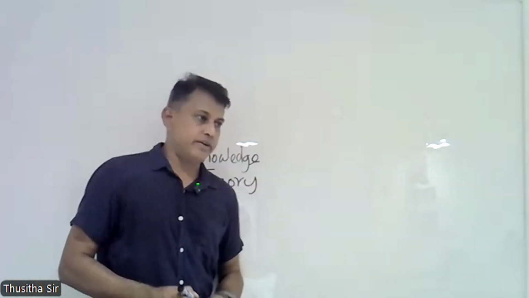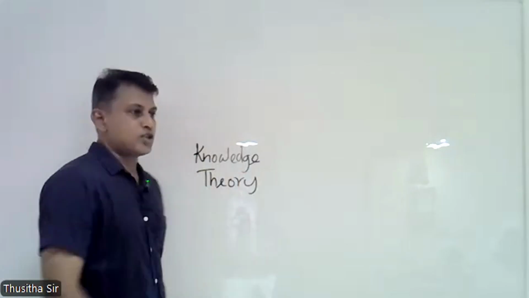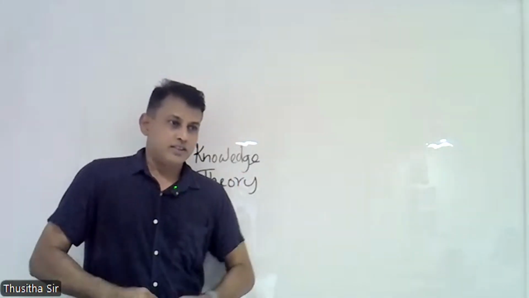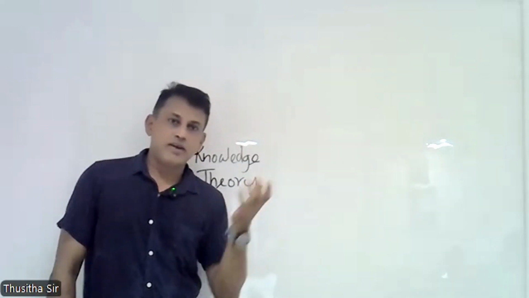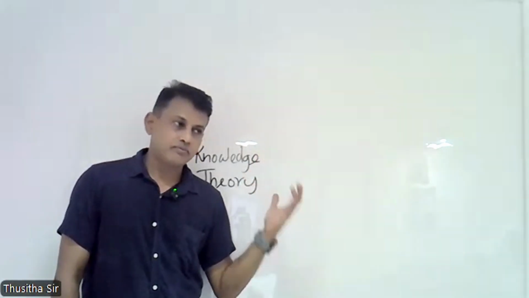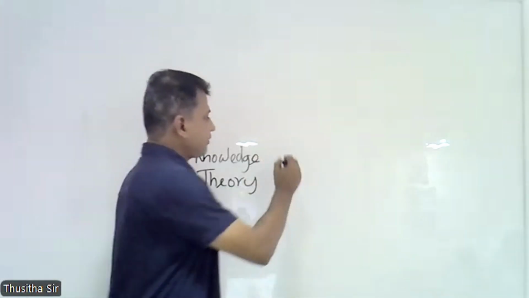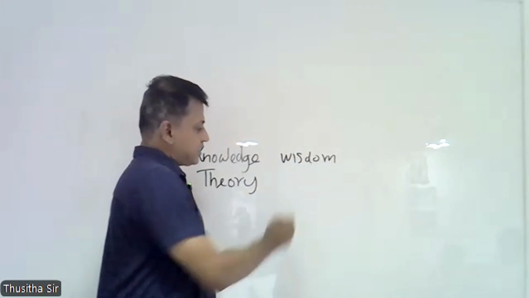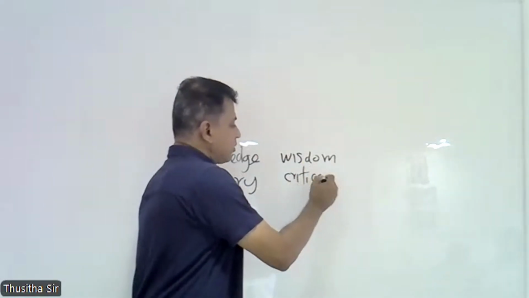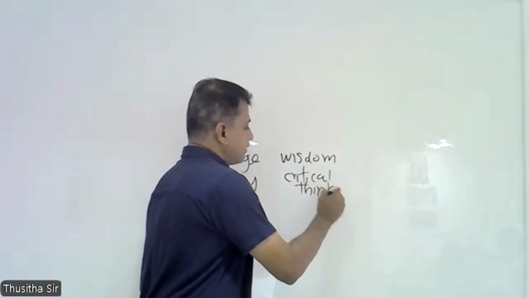Basically I call it theory. The understandable language is knowledge. That means the real education in scientific language is theory, otherwise it's knowledge. The second thing is wisdom. Wisdom is called critical thinking.